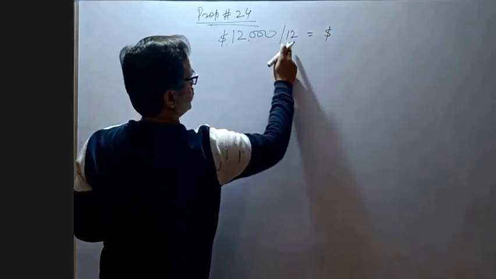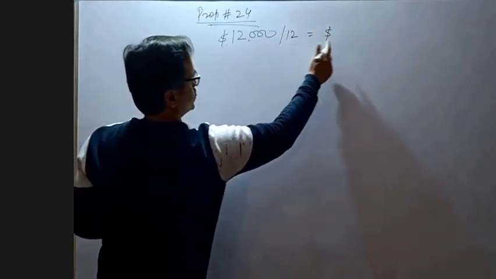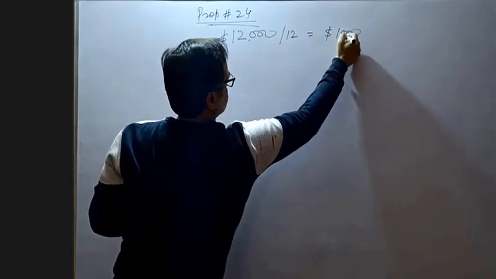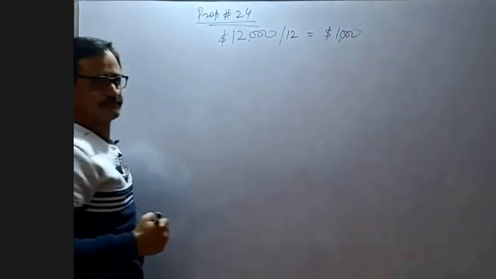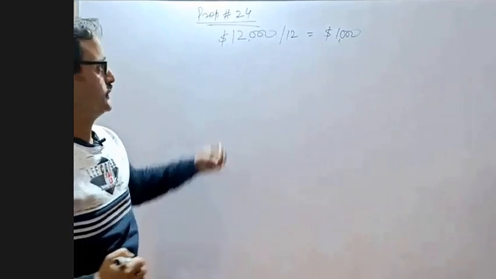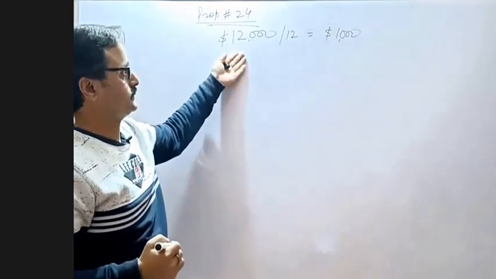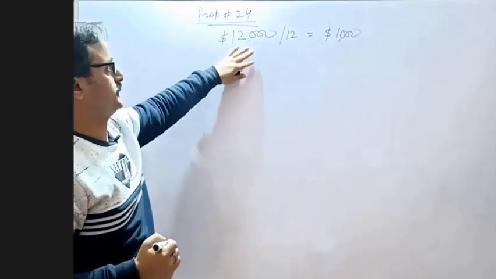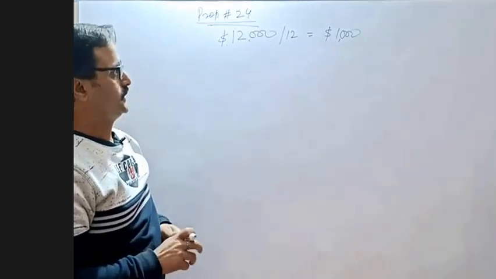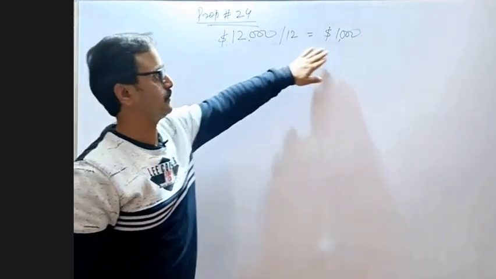If we divide 12,000 by 12, the total income received in the year, the monthly income is going to be 1,000. That is the simple method.